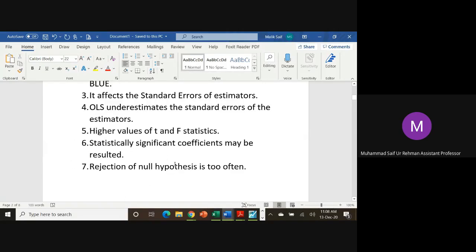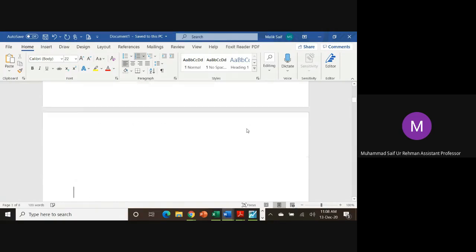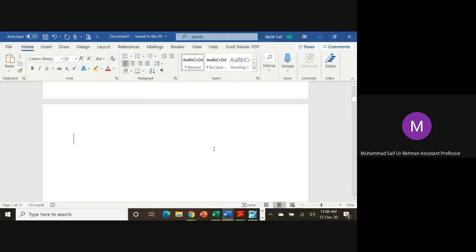It is going to select this. The Breusch-Pagan test will be the equation in this case. I'm not going to write Breusch-Pagan again.